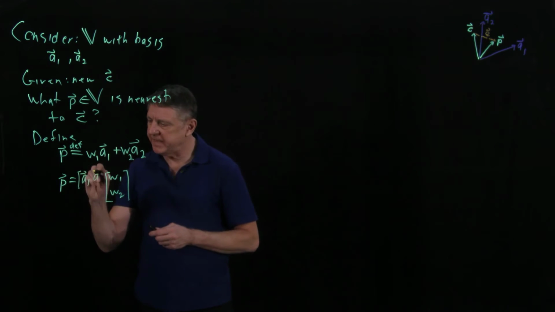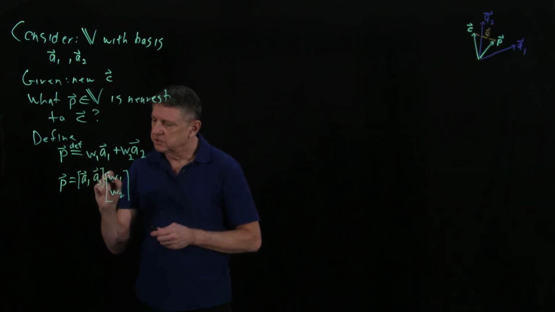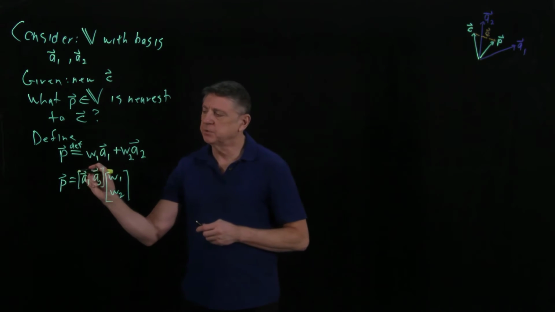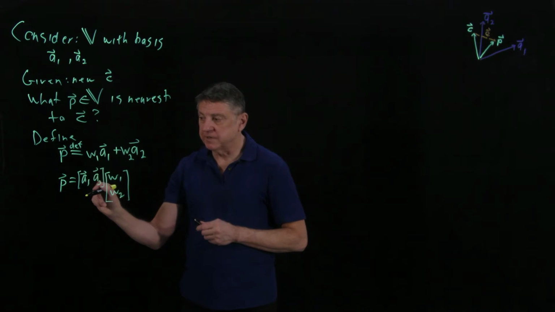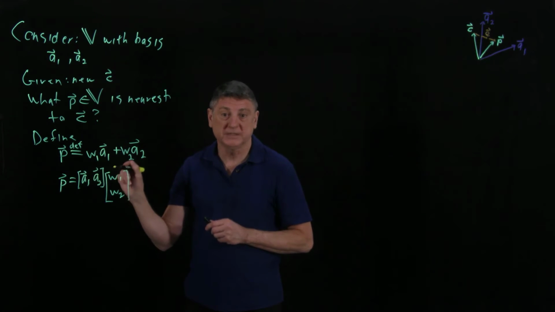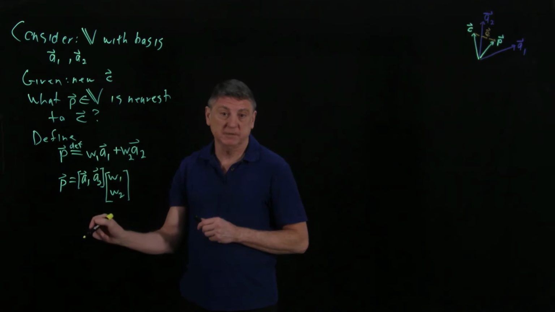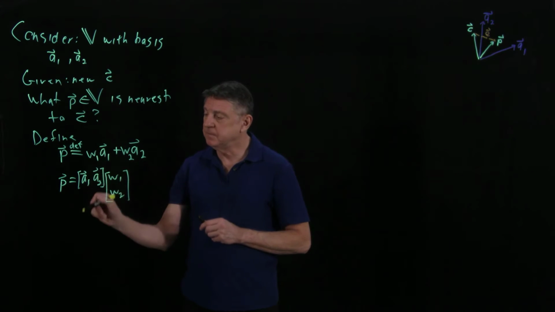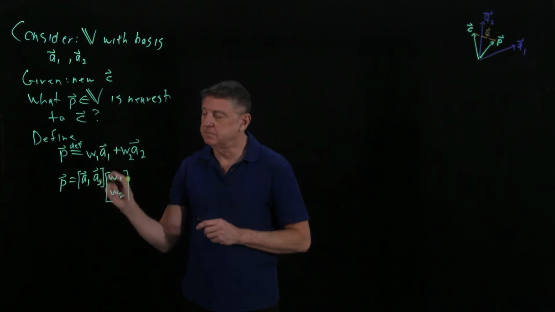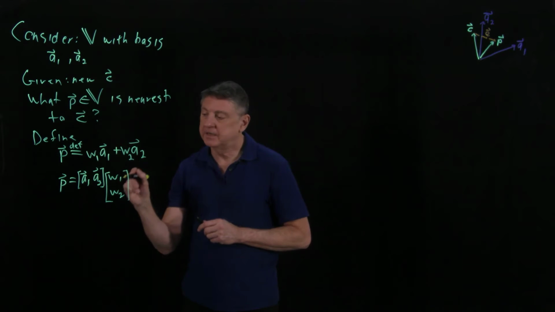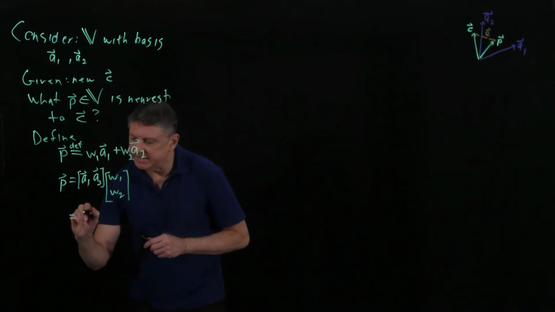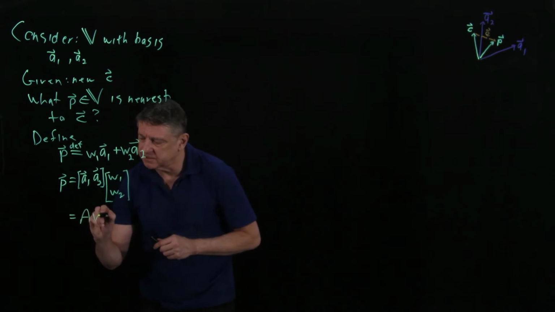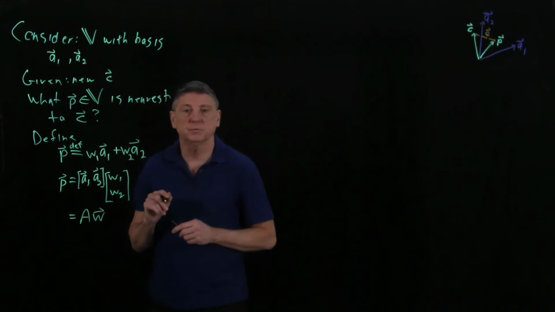That would be A2. So I can write the projection vector as a matrix. Remember, we don't know the size of A. A could be really, really long, but it's some matrix times a vector of size 2. So I can write that as a matrix A times a vector W.